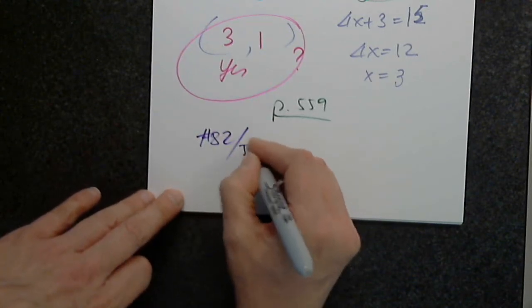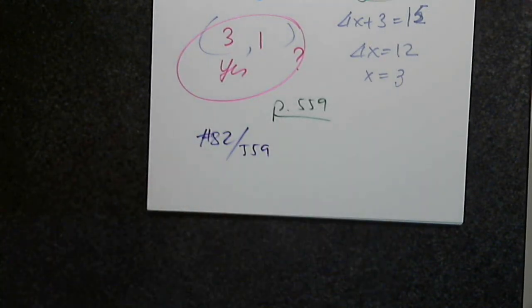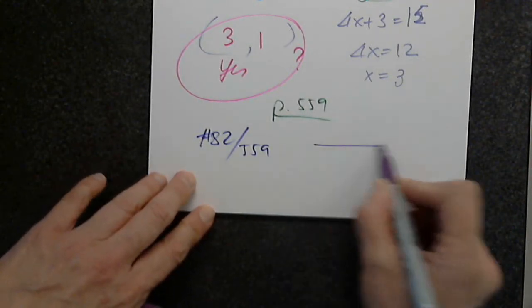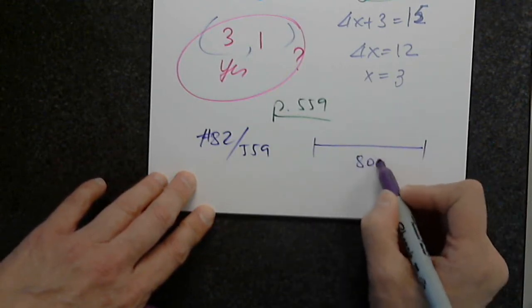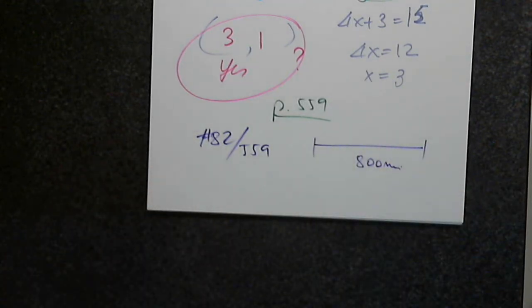82 on page 559. So when an airplane flies with the wind, it travels 800 miles in 4 hours. So this is 800 miles. Remember, every time we read a problem, we take notes, we draw a picture, anything that helps us become aware and remember the information given and what is asking us to do.